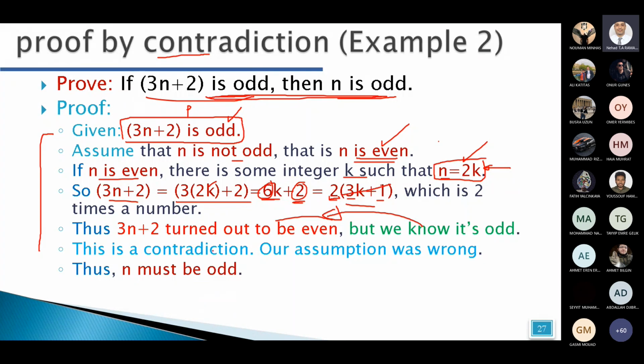So the original assumption, which is n must be odd, is correct. By the way, the same question could be solved by contradiction, by direct proof, or by contraposition.